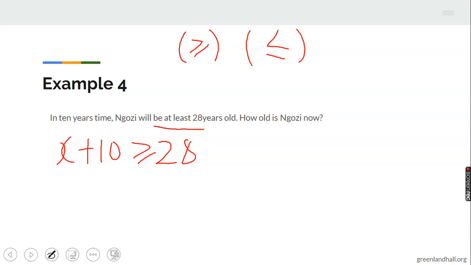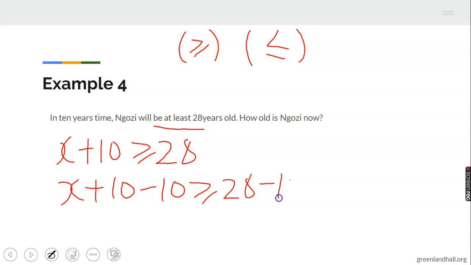When you subtract 10 from both sides, you have 28 minus 10, and this will give you x greater than or equal to 18. So the age of Ngozi now will be 18 years old.